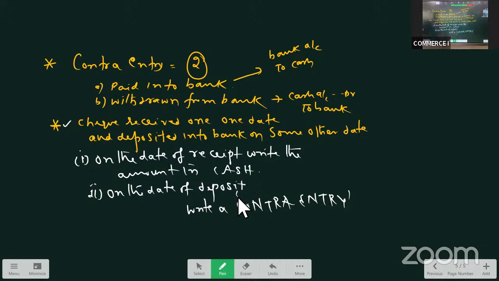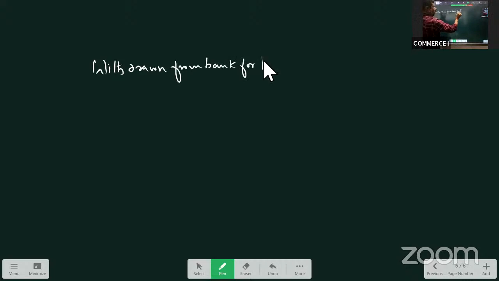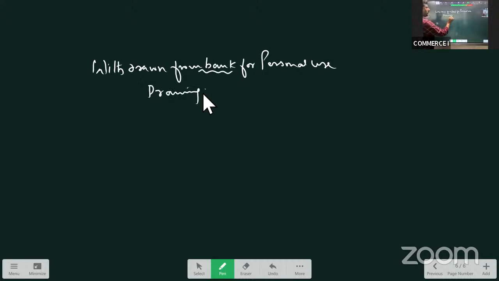Clear? And one more thing, suppose withdrawal is given. Withdrawn from bank for personal use. Then, of course, it is not a contra entry. If it is withdrawn from bank for personal use, the general entry would be drawings account debited to bank account.